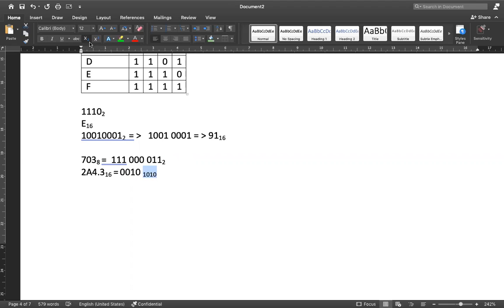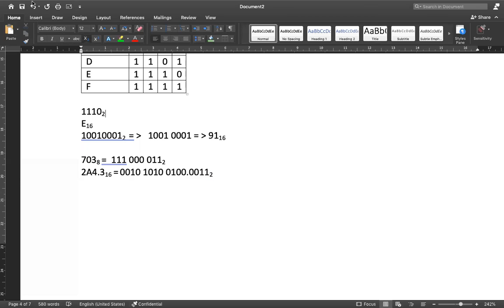Yes, correct. Then 4? 0 1 0 0. Then point 3? 0 0 1 1. Okay, even if you have decimal points, you can write the same way. So, okay. Now I'll give another one.